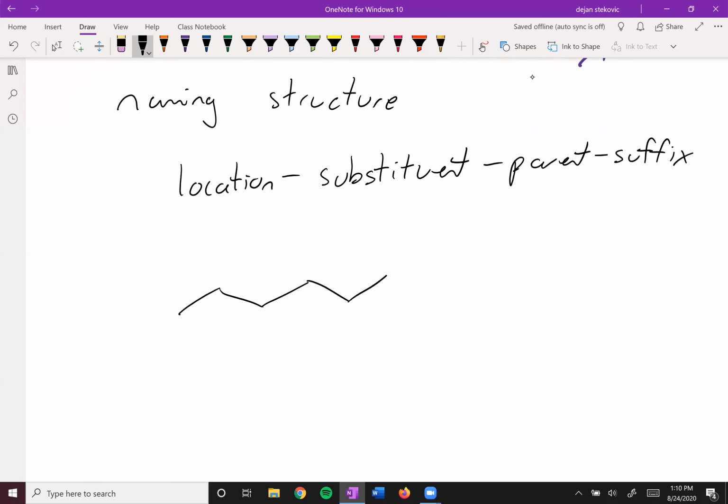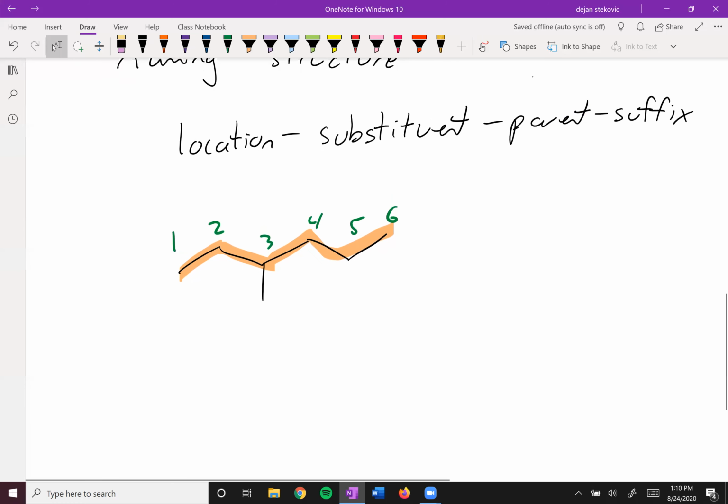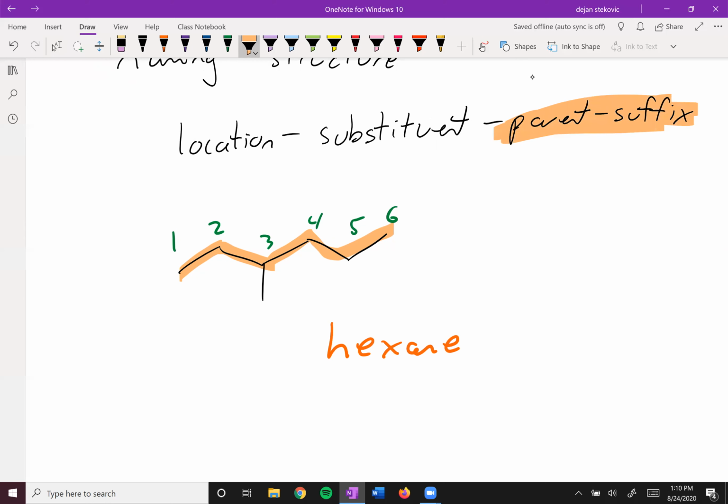So if we had something like this compound right here, the first thing we would do is identify the parent chain, and we can see that the longest chain is here. And if we count the carbons, 1, 2, 3, 4, 5, 6, we see it's 6 long. So this is called hexane. So this is the parent and then the suffix. The parent is the hex, the suffix is the ane.